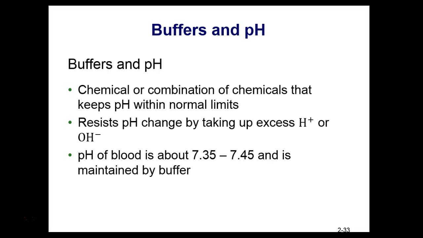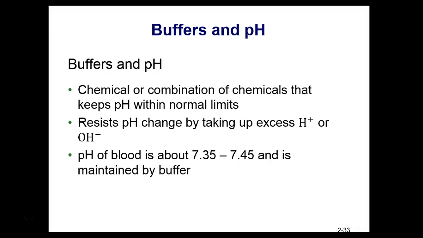The medication that they take is considered a buffer, and it is going to remove those hydrogen ions out of your digestive system in order for you to feel better and get rid of the burning sensation in your chest.